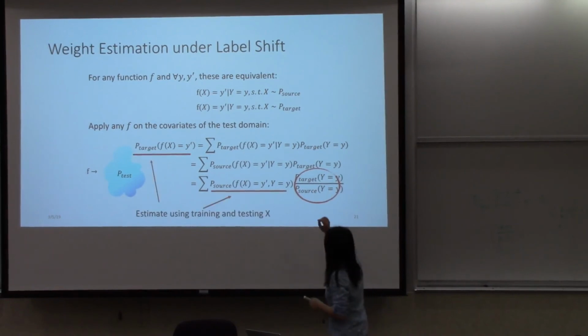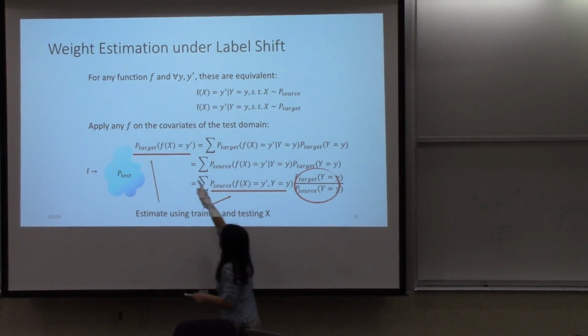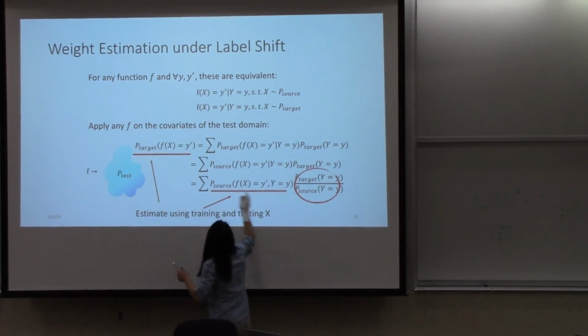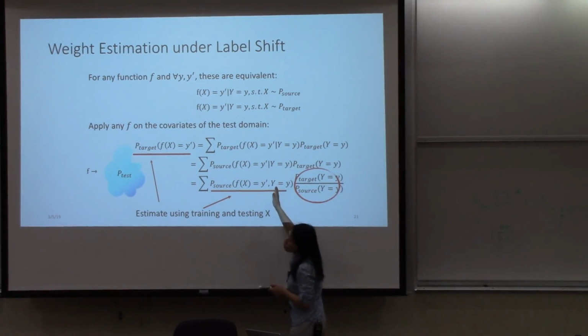And we can estimate both. This is a confusion matrix basically, and this one you get by applying the predictor on the target x examples to get a distribution. And this one you get by applying the predictor on the source data to get the confusion matrix of your predictions and the true labels.